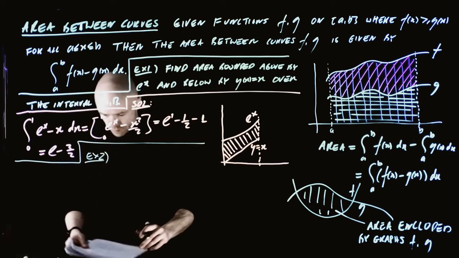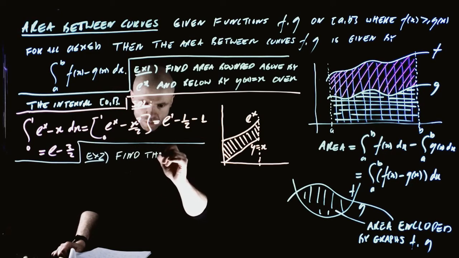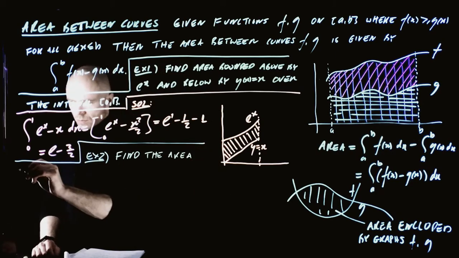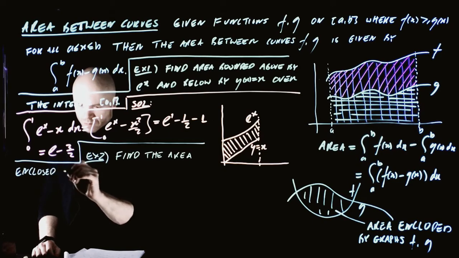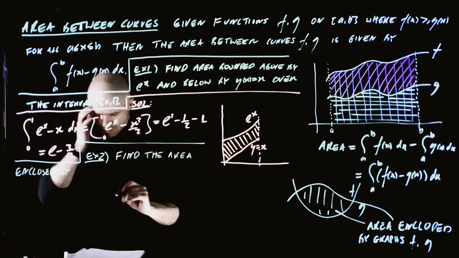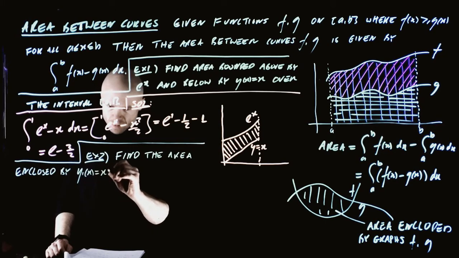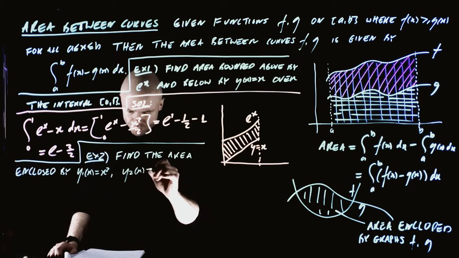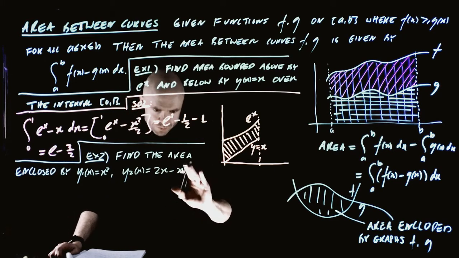Example 2. Find the area enclosed by y1 of x equals x squared, y2 of x equals 2x minus x squared.